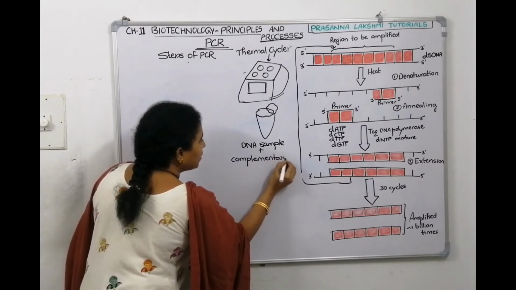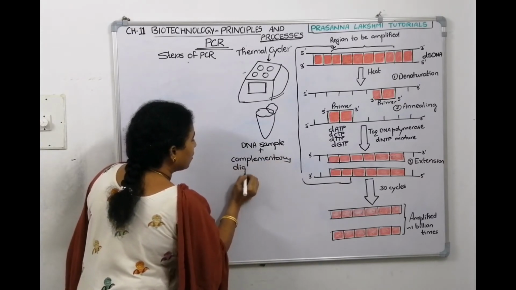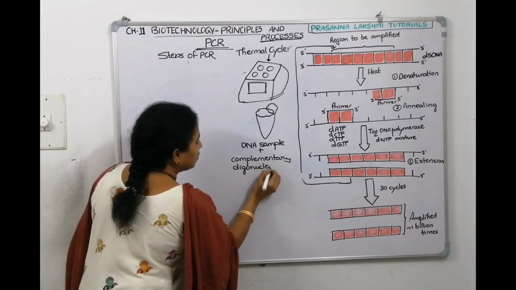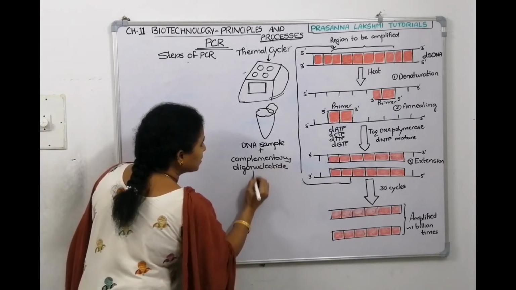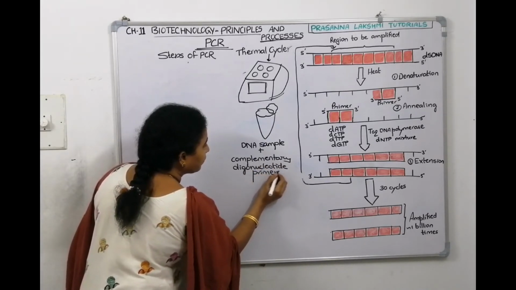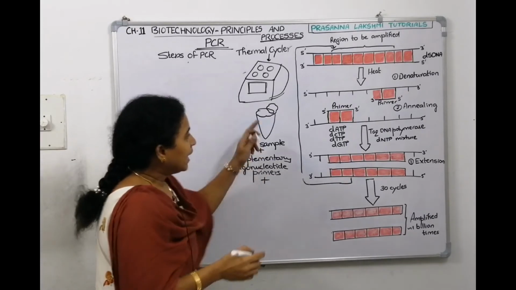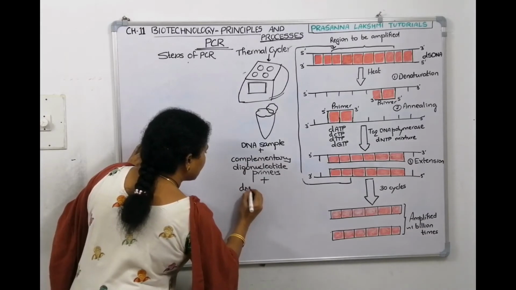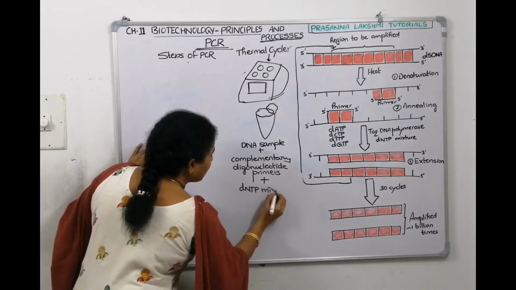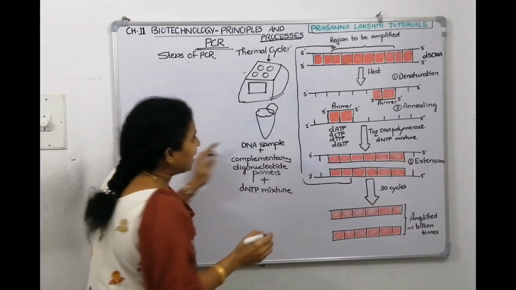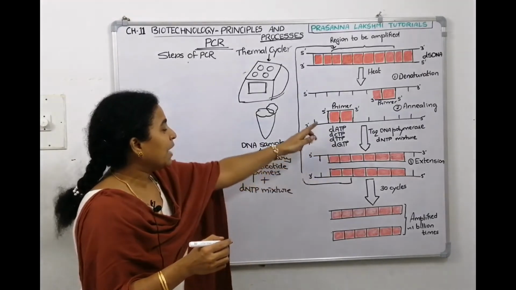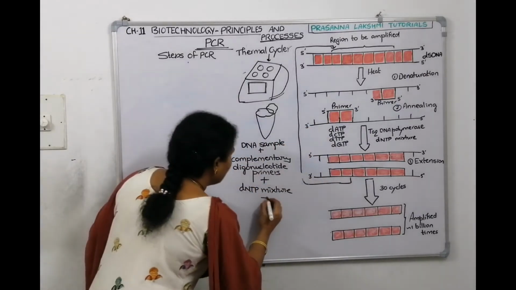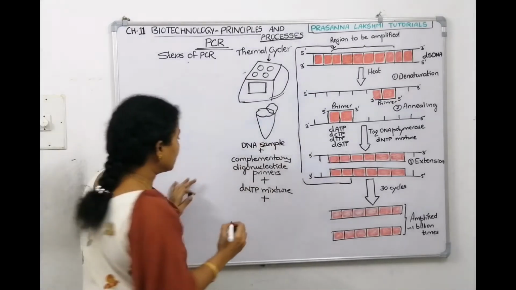Then next add dNTP mixture. I told you what dNTP mixture means: ATP, GTP, CTP, TTP. Add dNTP mixture. Then add DNA polymerase enzyme also.